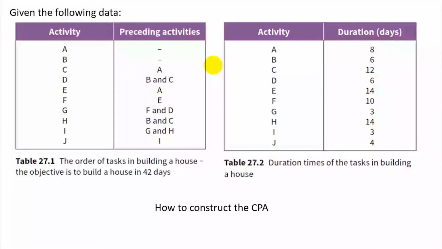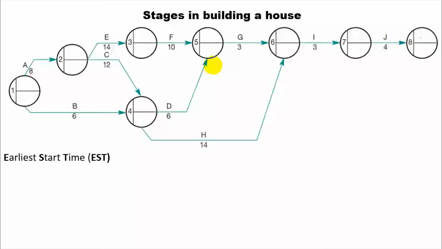Given these two tables, how do we construct the CPA? Like the earlier guidance, from this information we draw the network diagram. We put down the activities according to the sequence and then the durations.